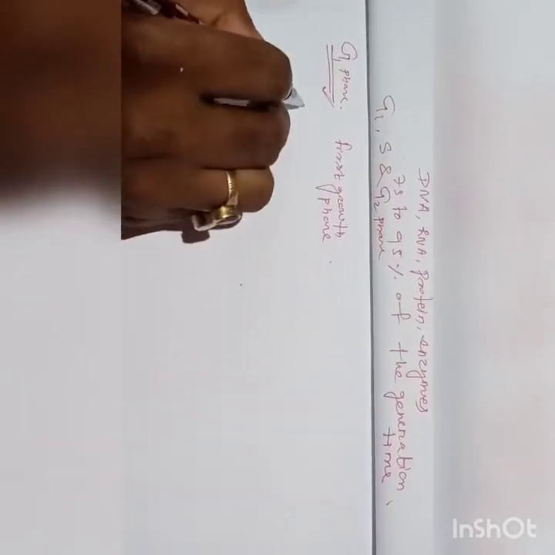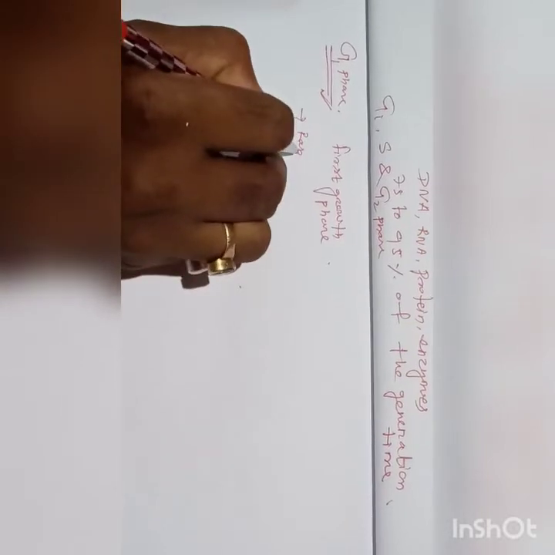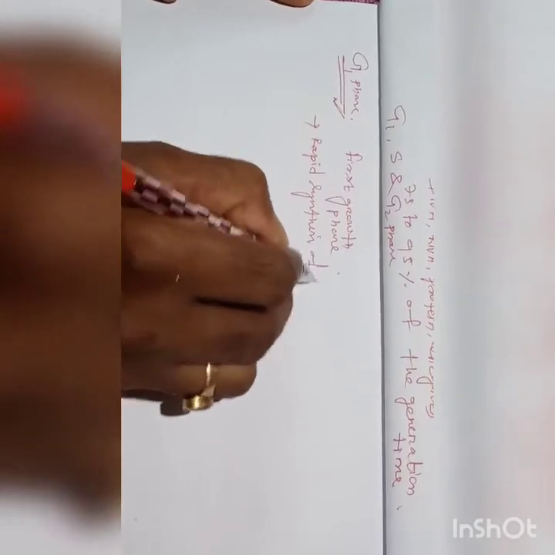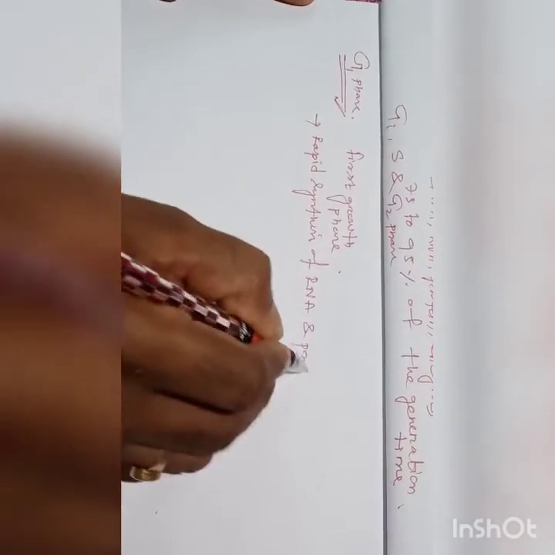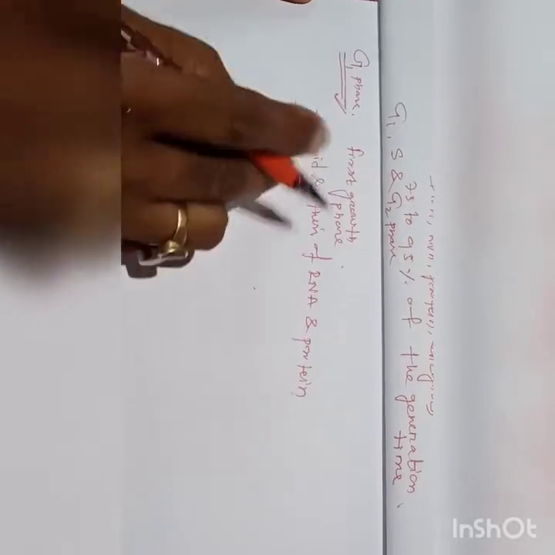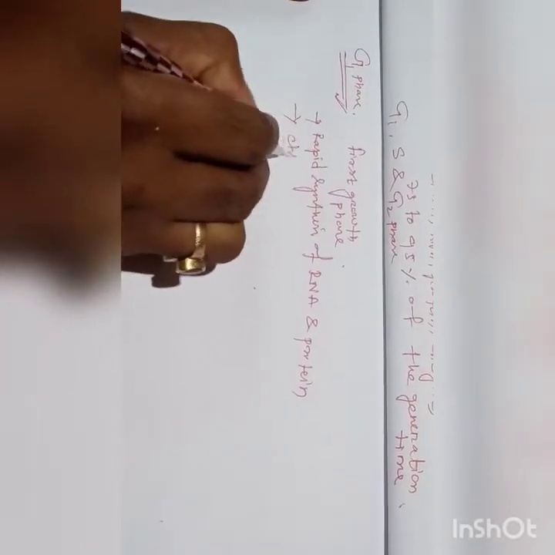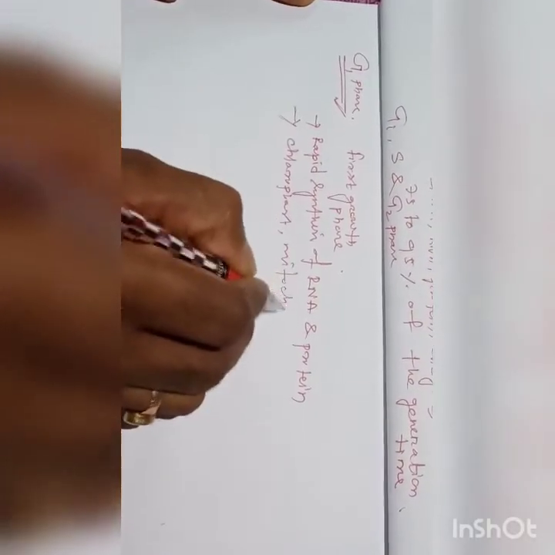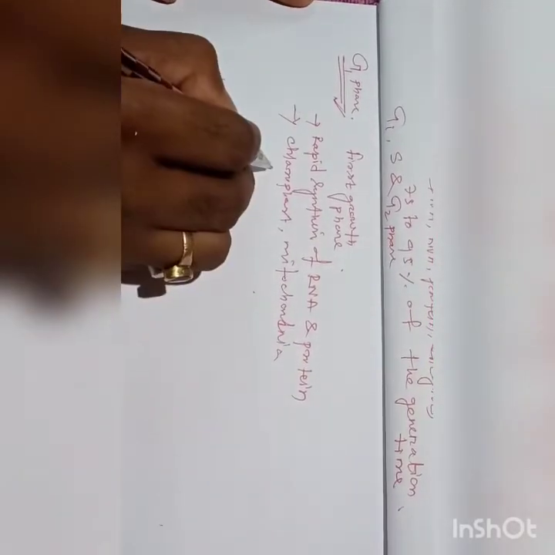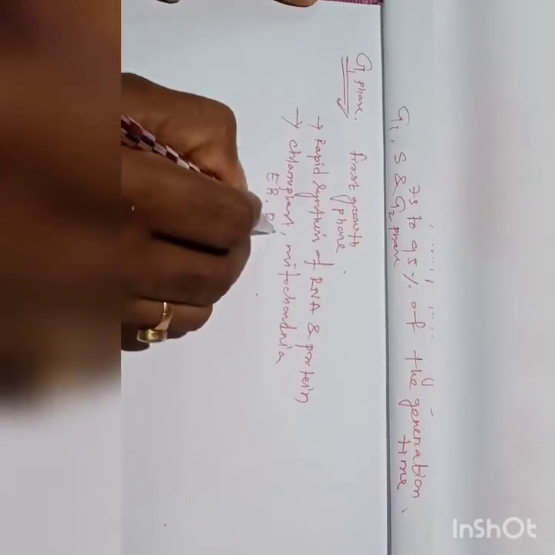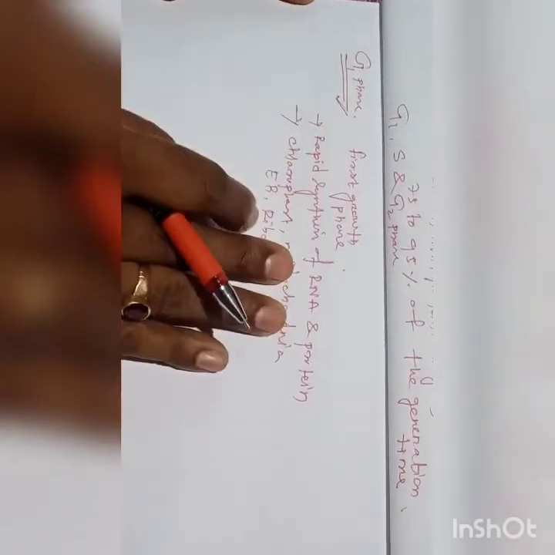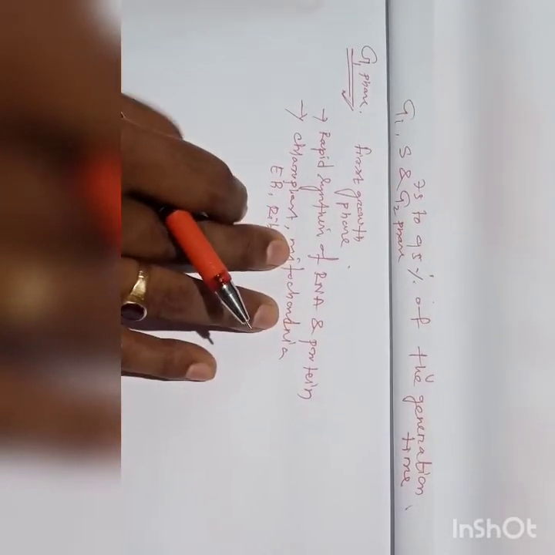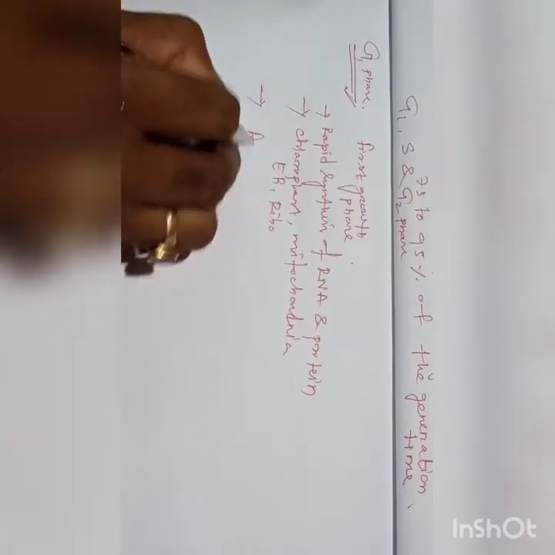There is rapid synthesis of RNA and proteins, and there is intensive formation of the cell organelles like chloroplast, if it is a plant cell, mitochondria, Golgi body, endoplasmic reticulum, ribosomes, lysosomes, etc.